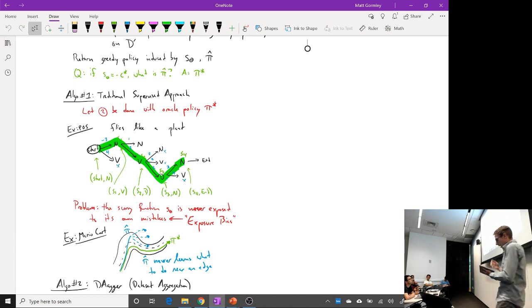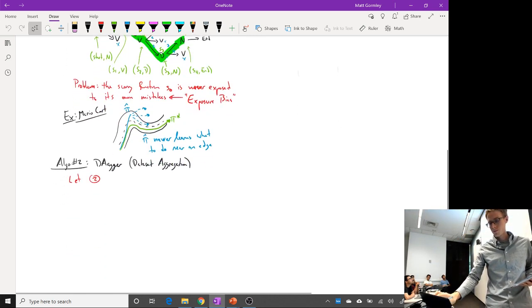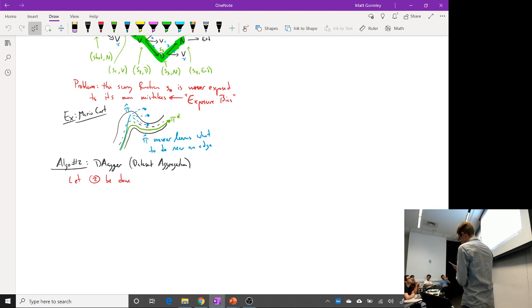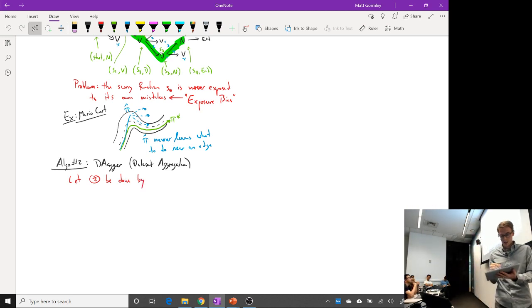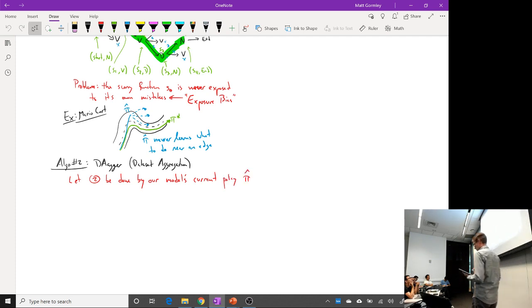And so in this algorithm, what we're going to do is let step 2 here be done not by the oracle policy, but by our model's current policy, which we could call pi hat.